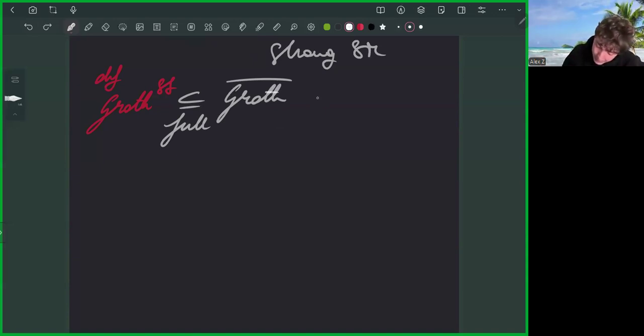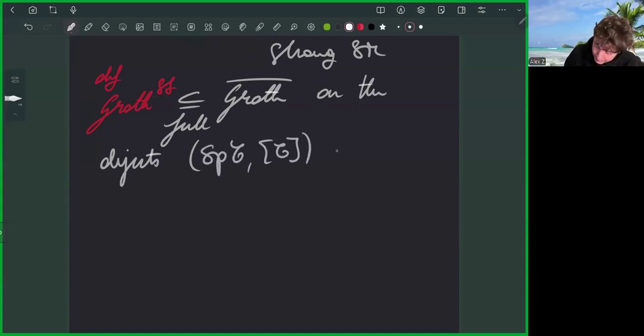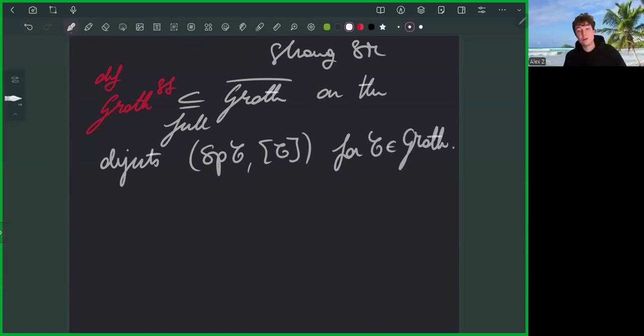And we take the full subcategory on the objects that look like this. Okay, so we take only those objects which are the stabilization of some Grothendieck pre-stable category, and then we fix the connective part to be just C.